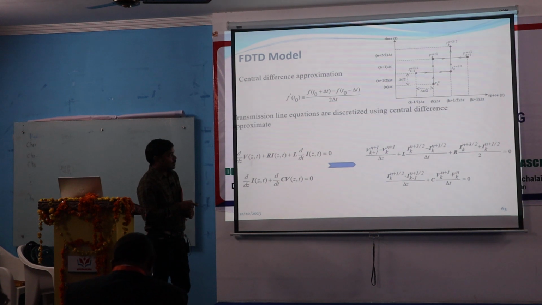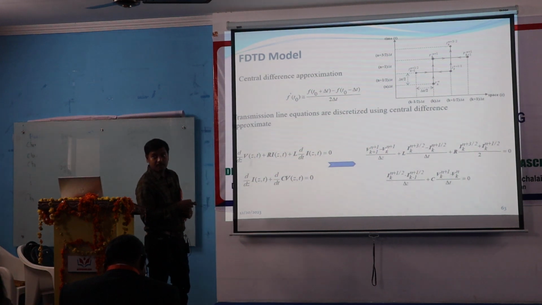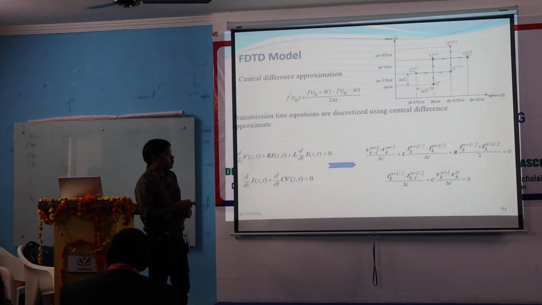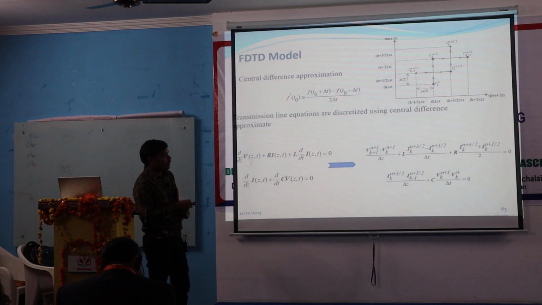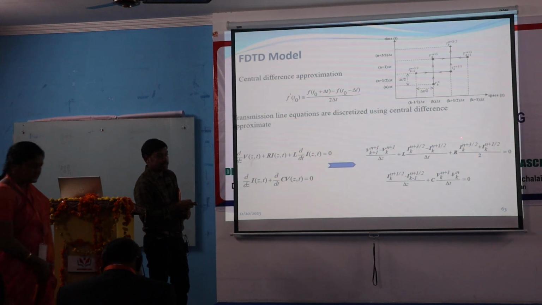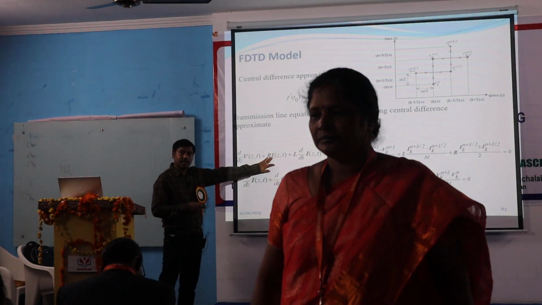So these are two different spaces. Hope you understand, correct? This is space and this is time. k plus 1 is the space, n plus 1 is the time. So two different spaces separated by delta z, and two different times separated by delta t.